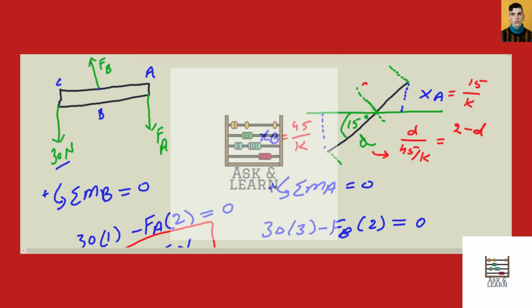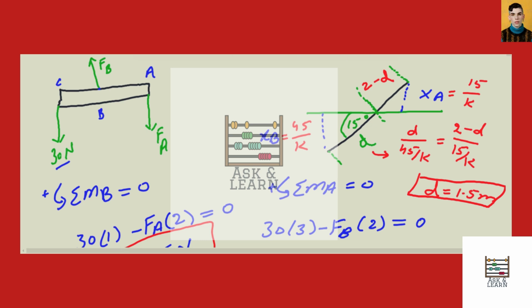This distance is 2 minus d here, divided by this stretch of the spring, which is 15 divided by k. After solving, this d is equal to 1.5 meters.